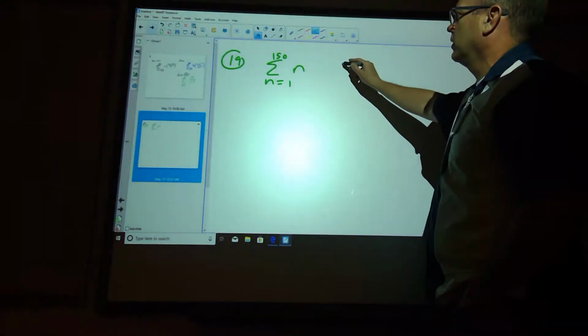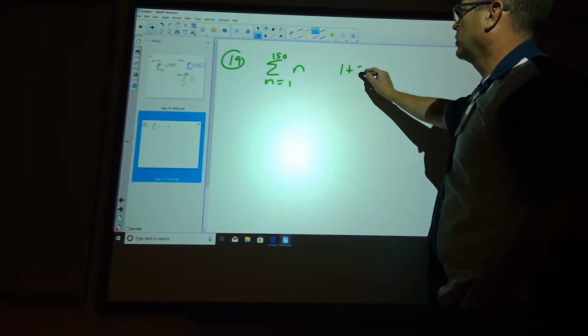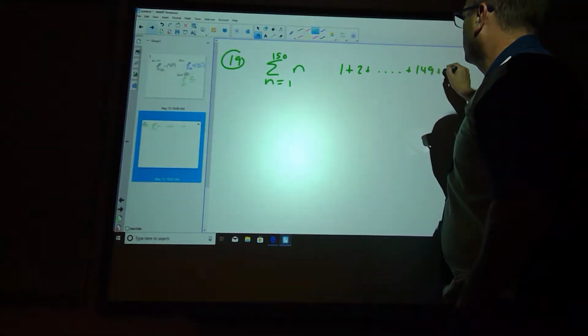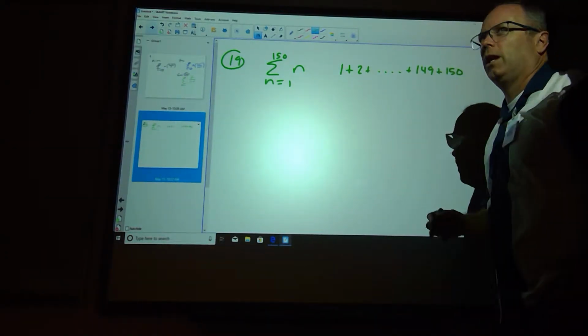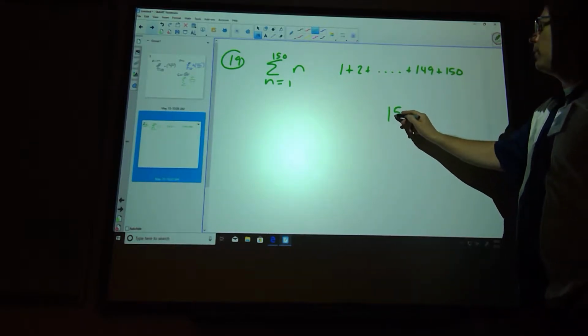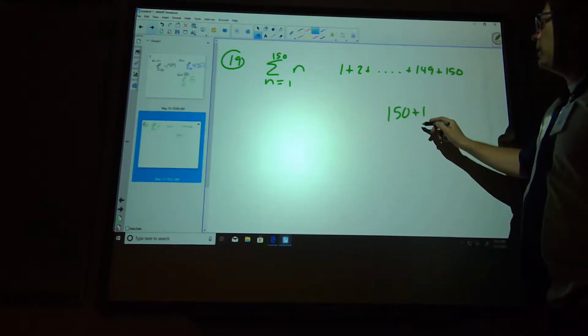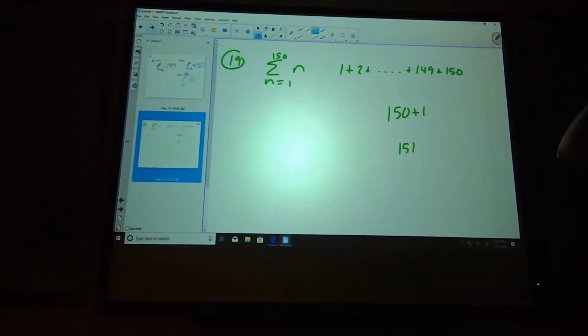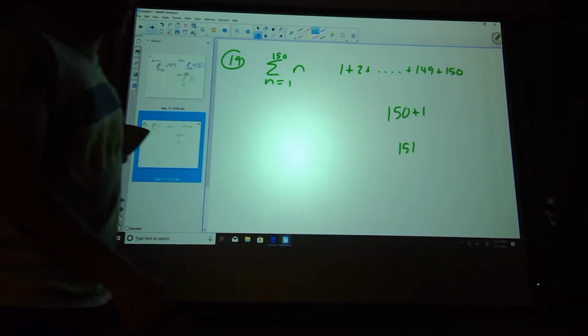What I could do is this. This is 1 plus 2 plus, up to 149, 150, right? So what I can do is I can go 150 plus 1. That gives me 151. And then how many pairs exist between, what's half of 150?